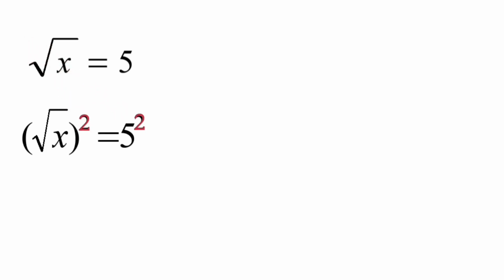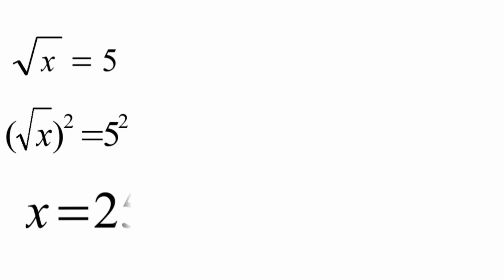So we are going to raise both sides of the equation to the square to take out the square root, the radical sign. So we get x equals 25. So the square root of 25 is 5.